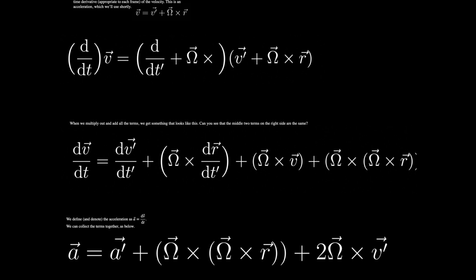We can then redefine the change in velocity with respect to time as acceleration. And if we say the acceleration equals dv/dt, then we can say, wait a second, a prime vector is the acceleration in the rotating reference frame, and a vector is the acceleration in the non-rotating reference frame.